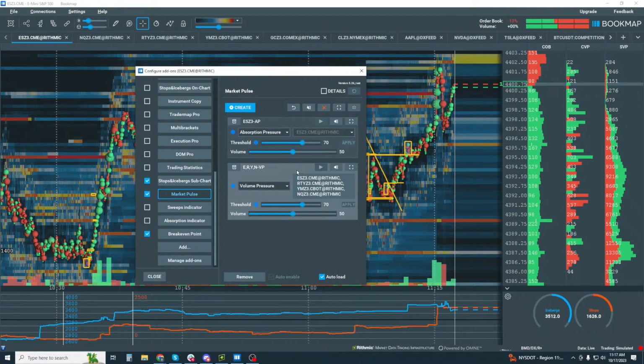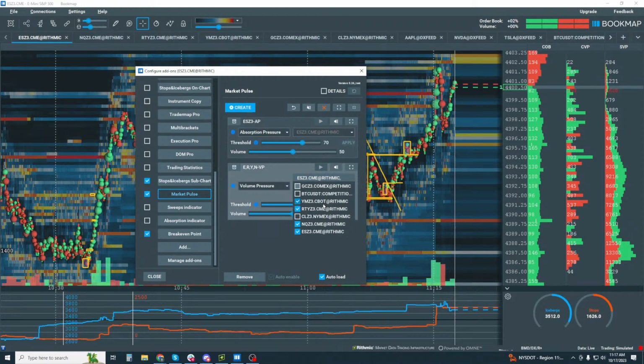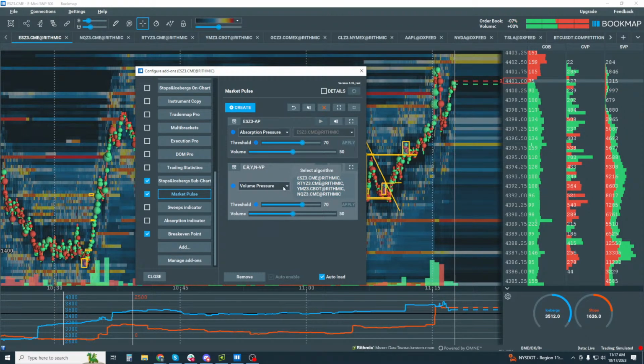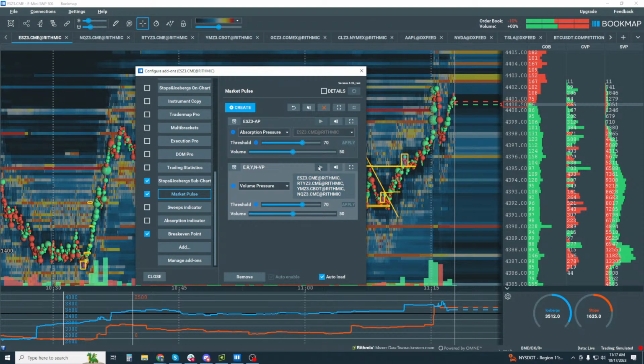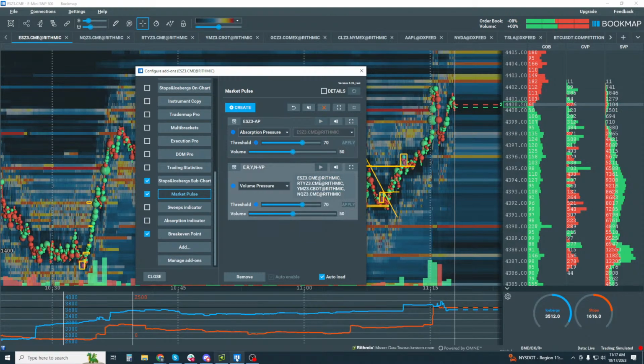Okay, so why isn't this actually showing up? Oh, because I closed some of the instruments. I've got YM, I've got Russell. Should be able to work. Do I have it open someplace?